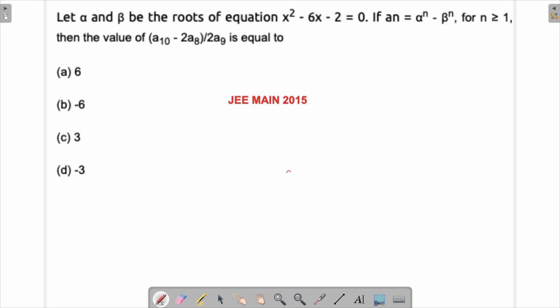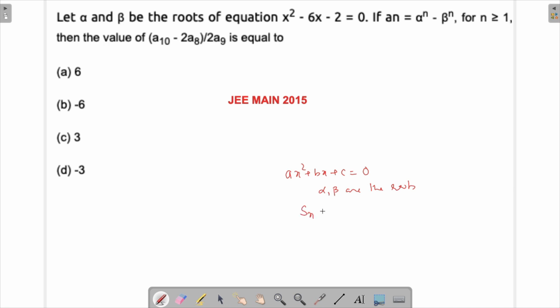So if you've got ax squared plus bx plus c equals 0 as your quadratic equation, and alpha and beta are your roots, then your An, sometimes we call it An, sometimes Sn, so let's call it Sn for the time being.